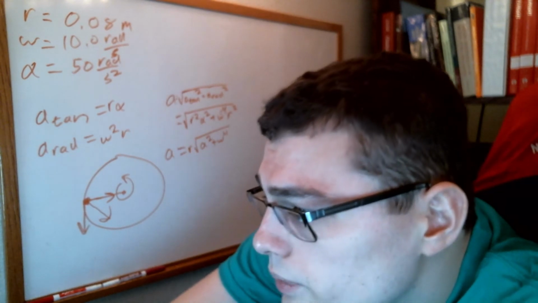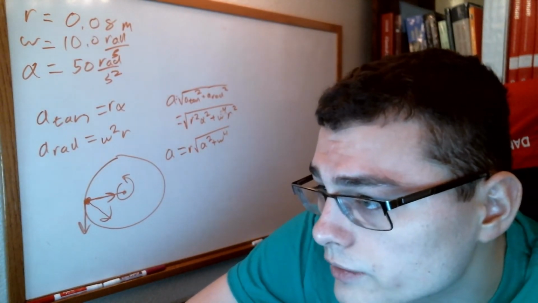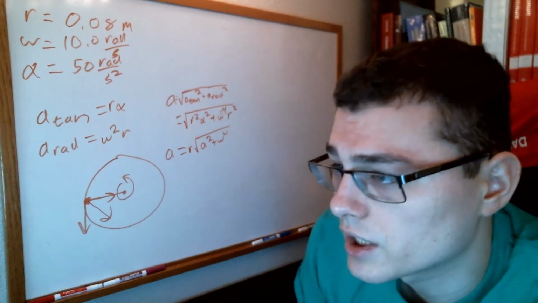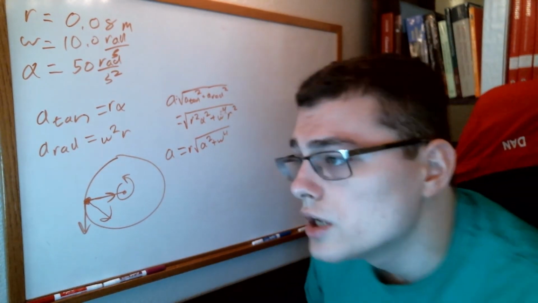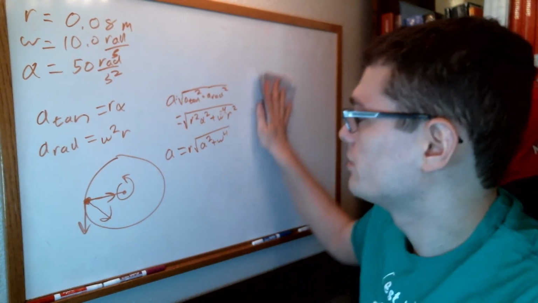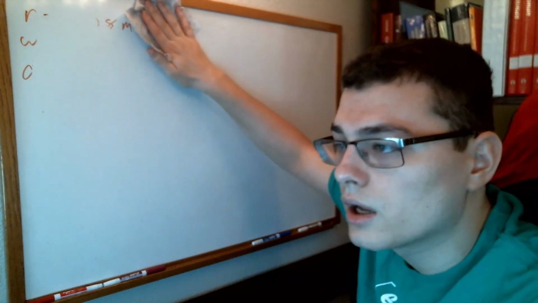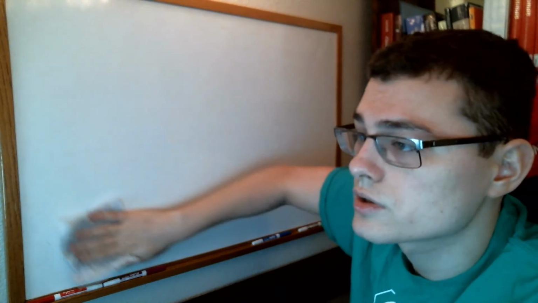So next up, we have an example of designing a propeller. You're designing an airplane propeller that is to turn at 2,400 RPMs. The forward speed of the plane is to be 50 meters per second.